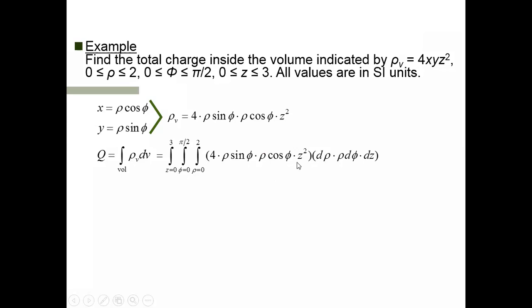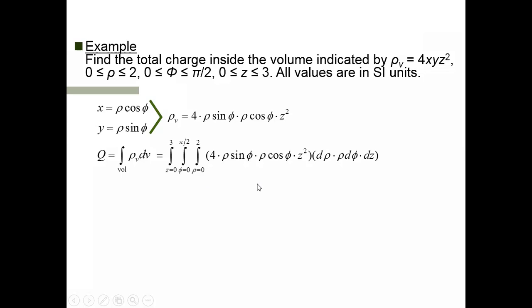So z square is there, and 4 is already there, so 4 has been kept as it is. And as you said, rho d rho d phi dz. Now the limits will be 0 to 2, 0 to pi by 2, and 0 to 3. Now you can integrate rho d rho. It will be rho square by 2, and then you can put in the limits.